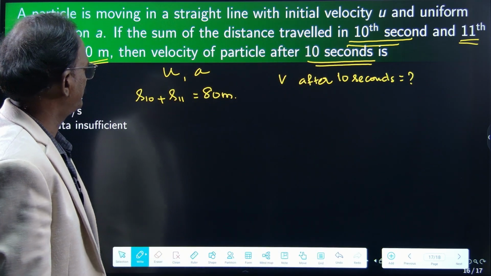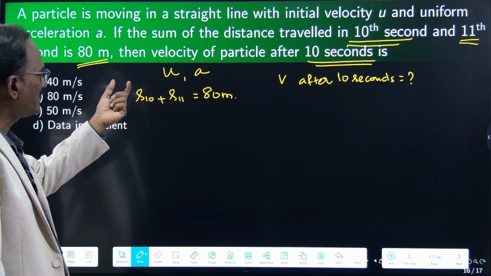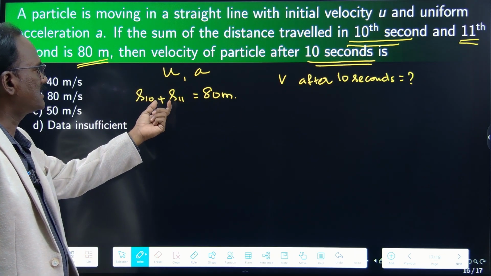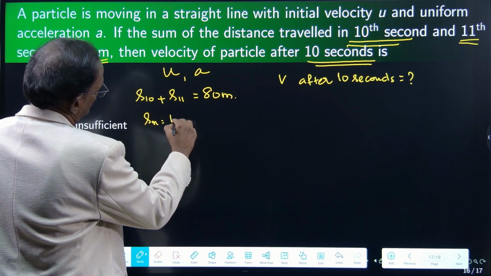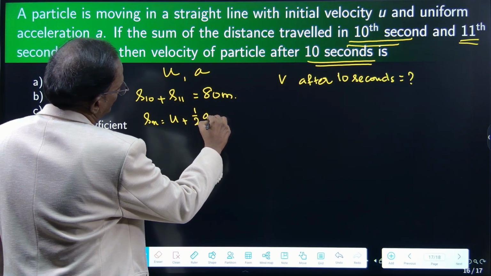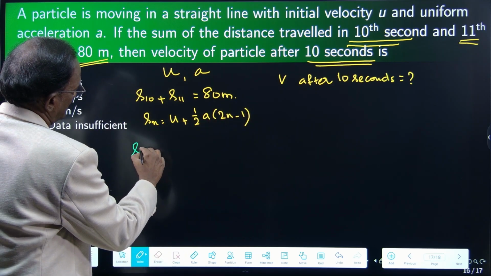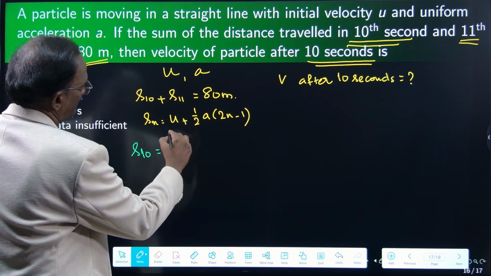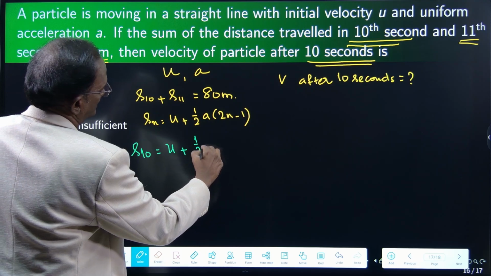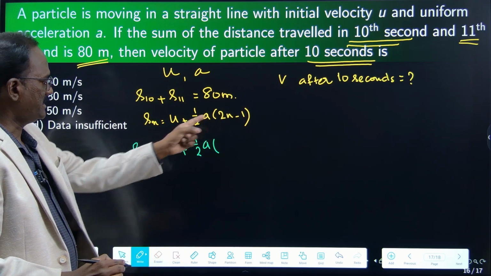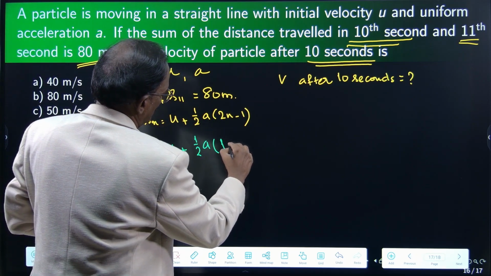In the question, the values of u and a are not given. The distance traveled in the 10th second plus the distance traveled in the 11th second is 80 meter. What is our formula? S suffix n is equal to u plus a by 2 of (2n minus 1). So S10 is u plus a by 2 into (2 into 10, 20, minus 1) which is 19.